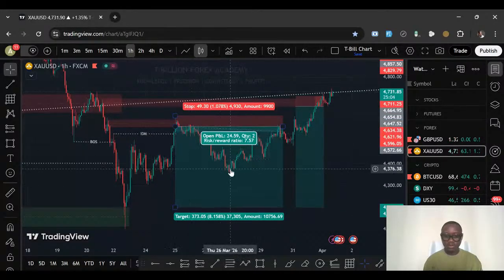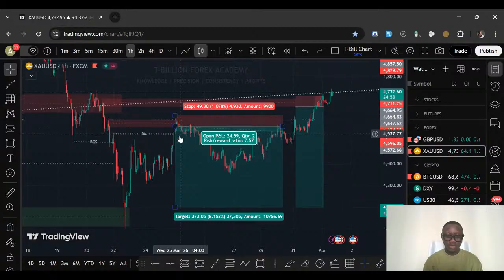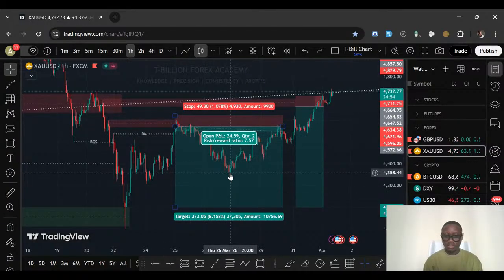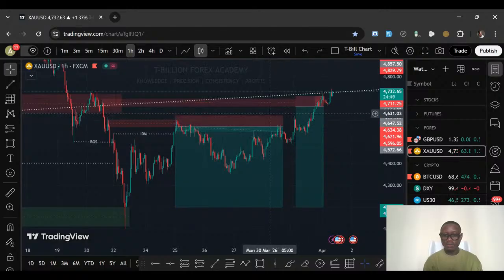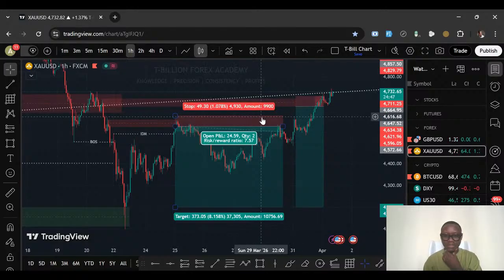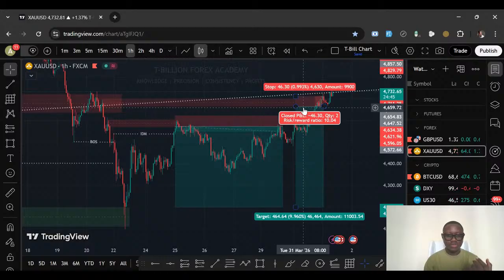We got this bearish move, close to about 50% of our TP range, our profit range. But unfortunately, price went back to hit the SL. We didn't take this trade considering the fact that gold was given a very bullish momentum, so we didn't take this trade at all.